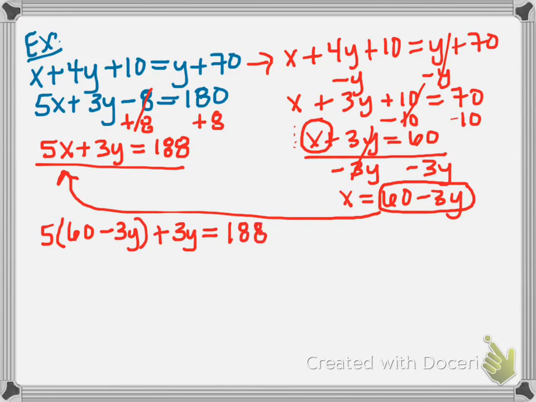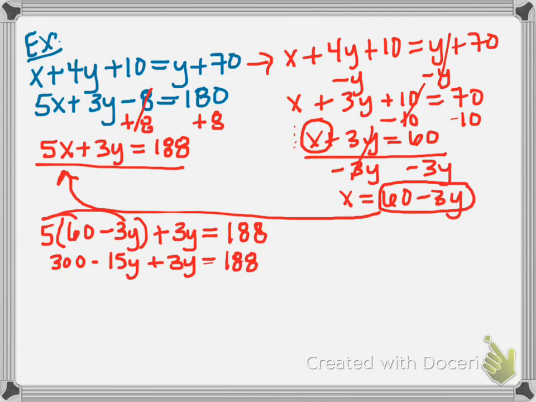Now we have one equation that has only one type of variable. This is always what we want to try to get to because we can always solve an equation that contains one type of variable. To solve this, we're going to start by distributing. 5 times 60 is 300. 5 times negative 3y is negative 15y plus 3y equals 188.